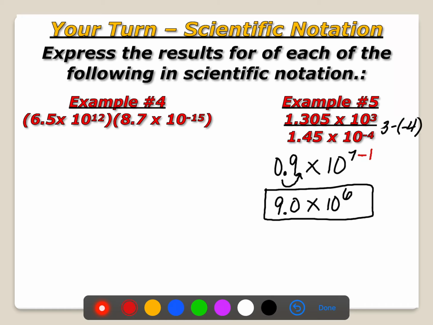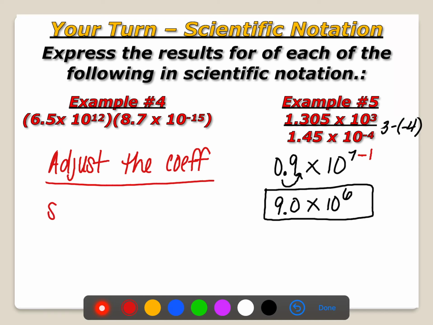Okay, so we could write this down. So when we adjust, when we swoop our decimal point to the left, we're going to add to our exponent.